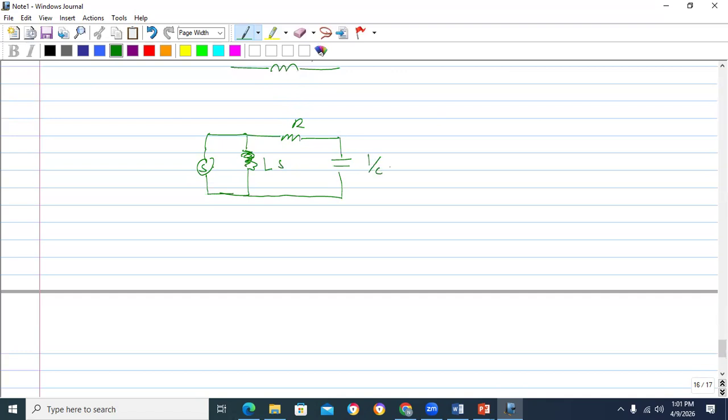This is 1 over Cs. You can consider these as resistances. These are called reactance. Actually, these are complex resistances. Now don't worry about this complex resistance. This is referred to as reactance.